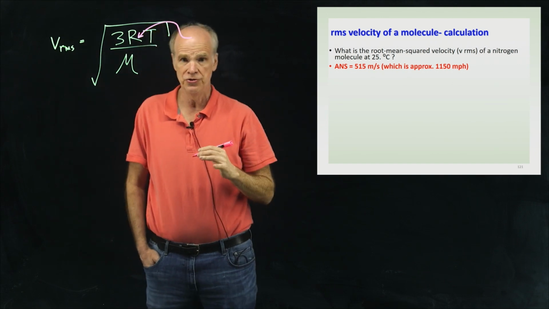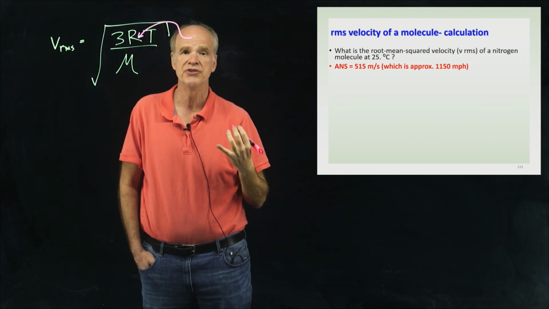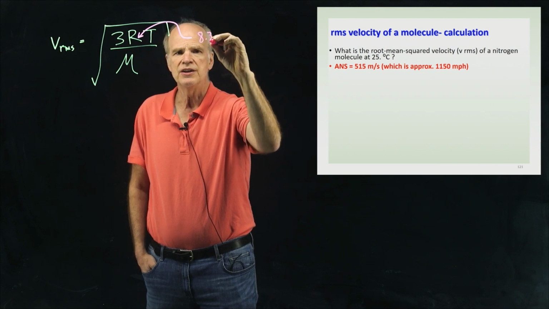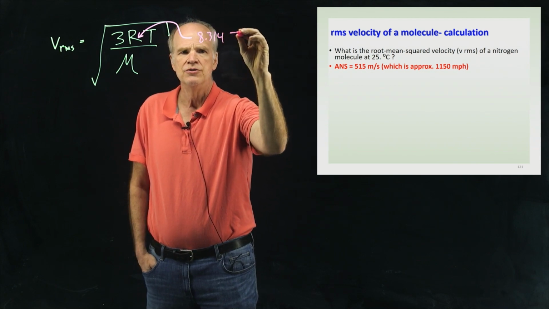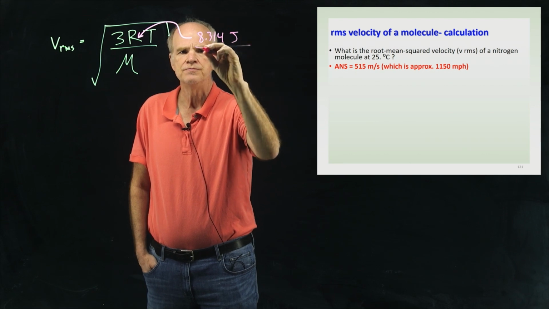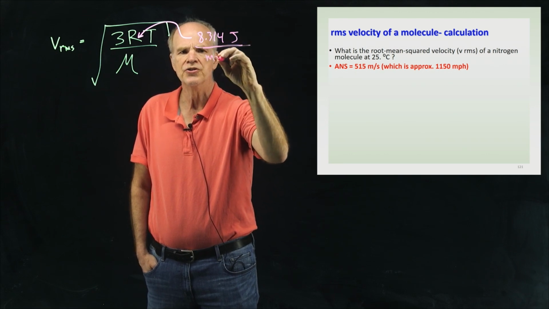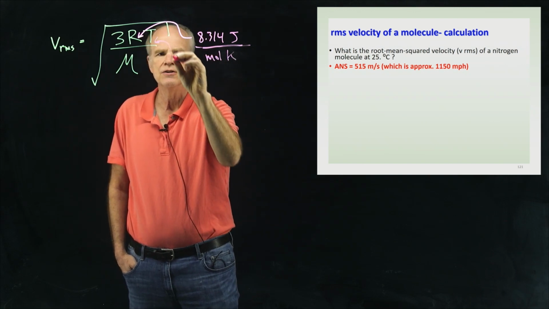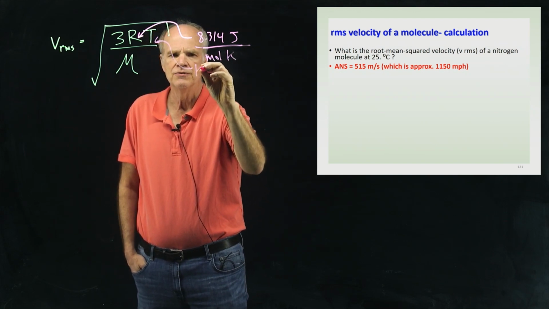We're going to use a value of R that is different than the one we're used to. So let me give you that. It is 8.314 joules over moles times Kelvin. So T here will be in Kelvin.